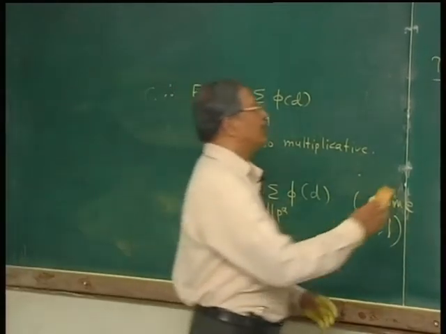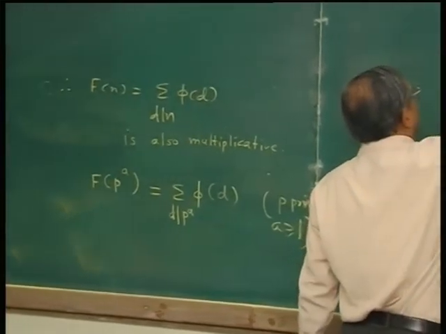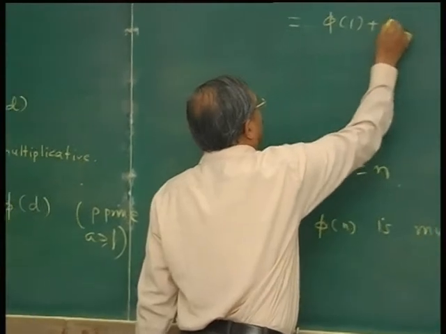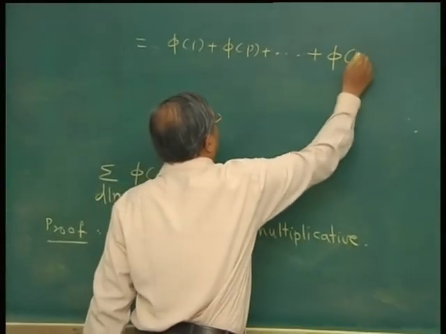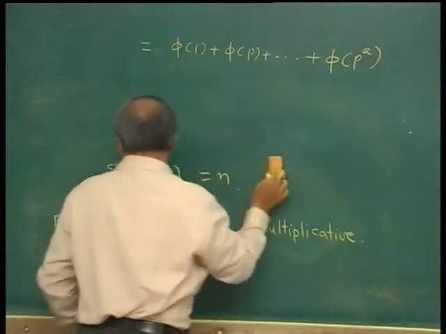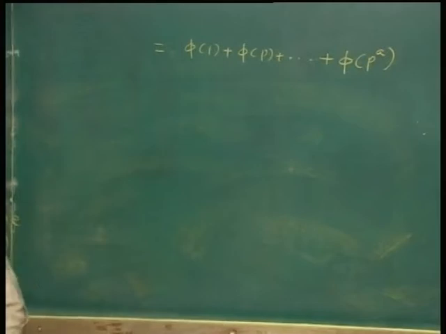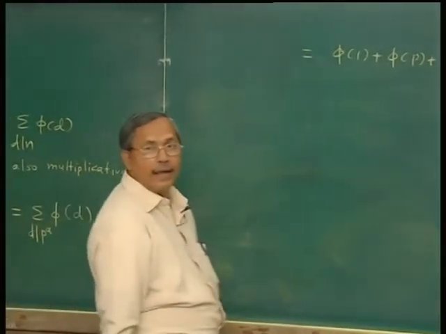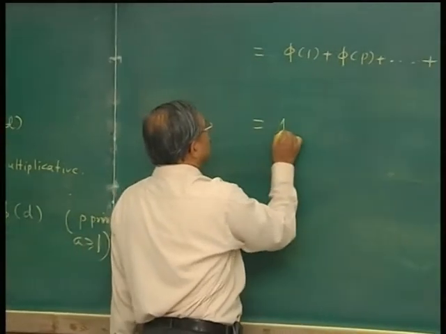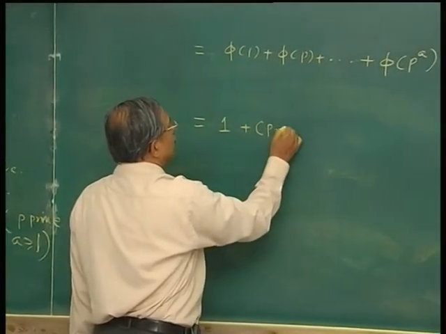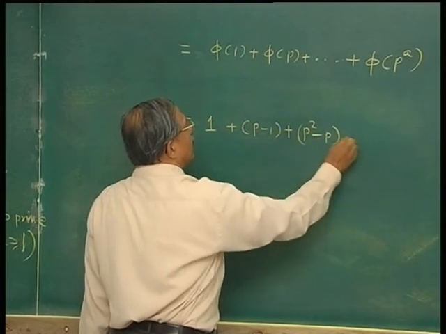So it is like this. This is phi of 1 plus phi of p plus etc. plus phi of p raised to a. 1, p, p square, etc., p raised to a. These are various divisors of p raised to a, and take phi of these and add. What is this? So phi of 1 is 1, phi of p is p minus 1, phi of p square is p square minus p, and so on.